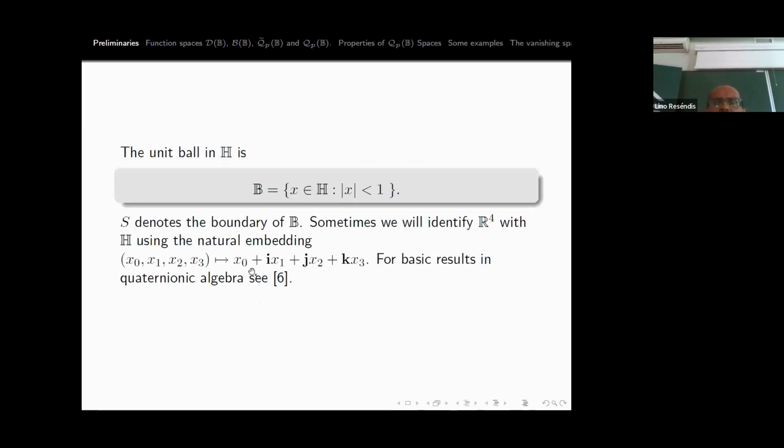Also we identify the quaternionic space with R4 using this natural embedding. The algebra of quaternionic numbers is very well known.